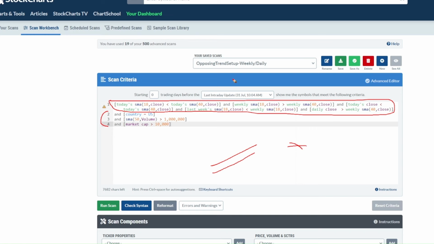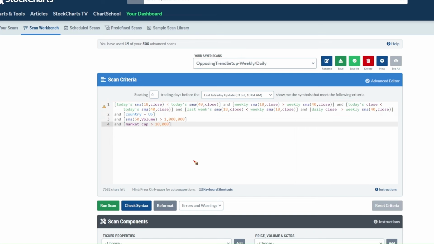I call it an opposing trend setup because the daily chart is going in the opposite direction of the weekly. We've got an uptrend on the weekly, and then we're getting a pullback as defined by the reversal on the daily chart. So it's a good starting point. Hopefully this helps and answers your question on that.